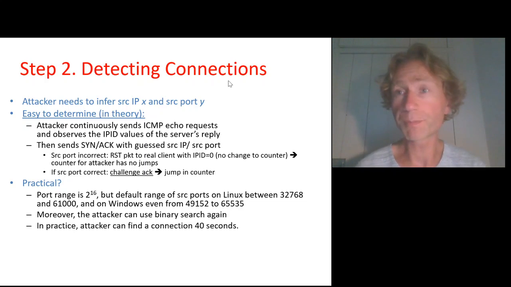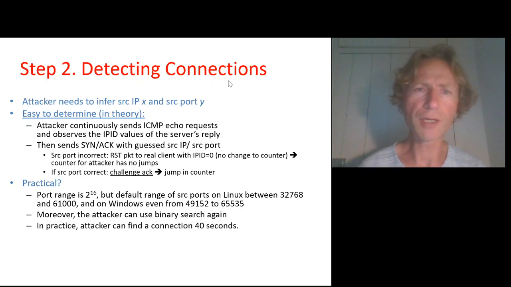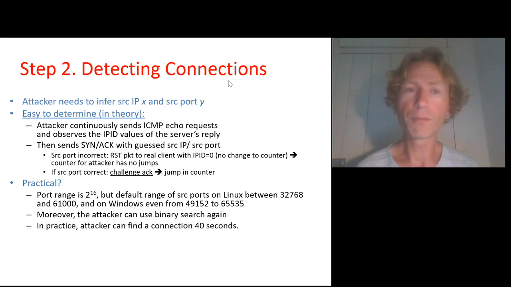What you can do is simply send a continuous stream of ICMP echo requests and observe the IP ID values, and also send one SYN-ACK packet with a guess for the source IP address and the source port number, assuming that you don't know the source IP address.